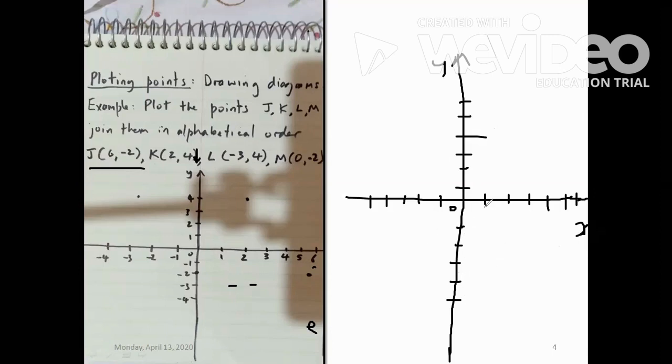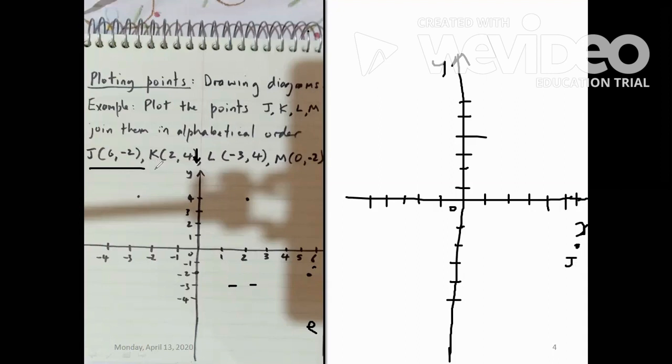So right here we have 1, 2, 3, 4, 5, 6. So right here would have been the 6, and y is -2. -2 is down here. So where the 2 points intersect, right, that's our J.